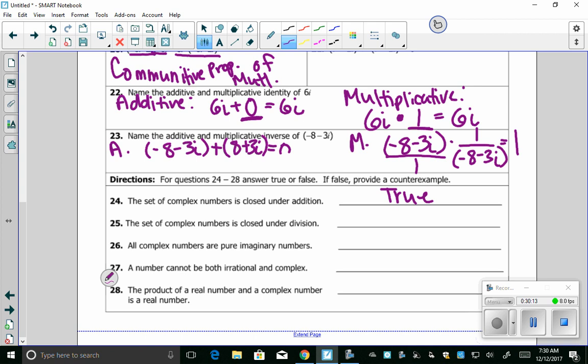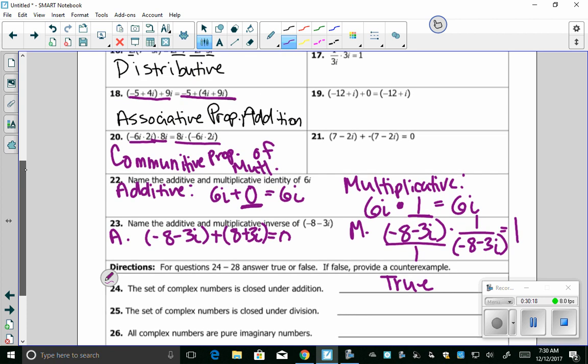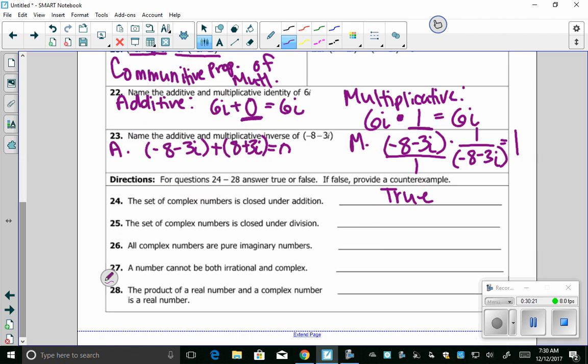25. The set of complex numbers is closed under division. Well, if I have 4i divided by i, remember, get rid of the i in the bottom, multiply both sides by i, so that I get 4i squared over i squared, which gives me negative 4 over negative 1, which gives me positive 4.